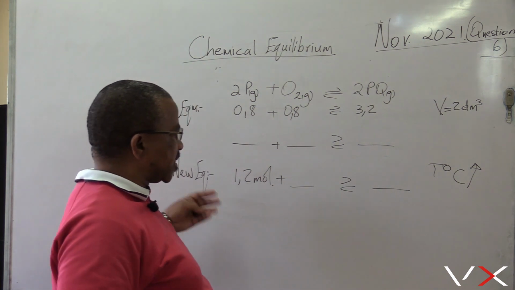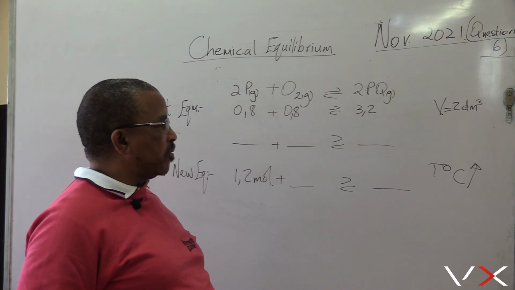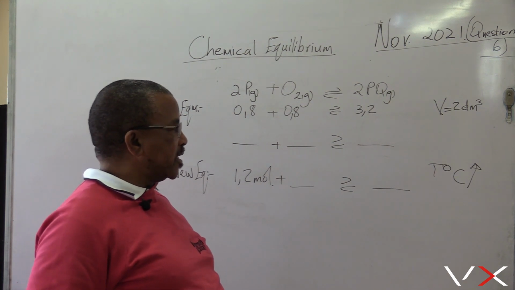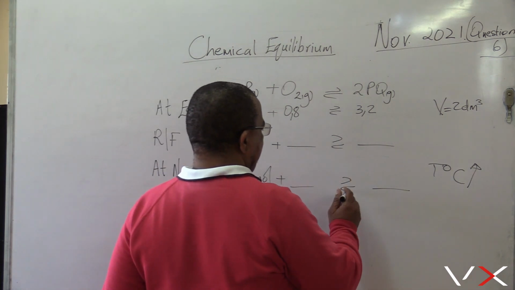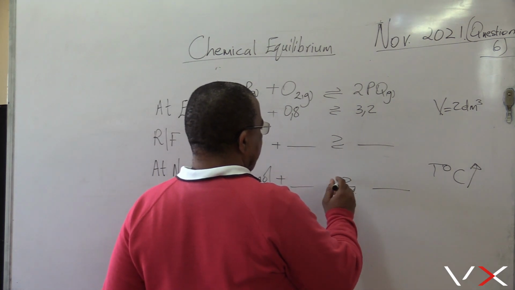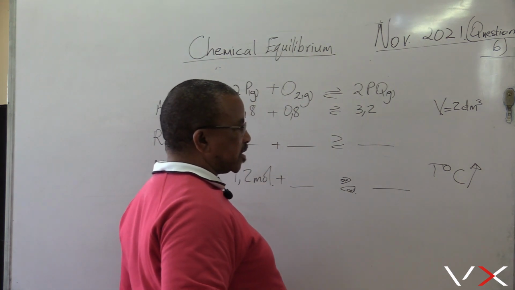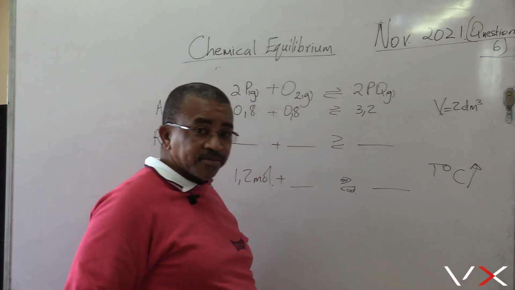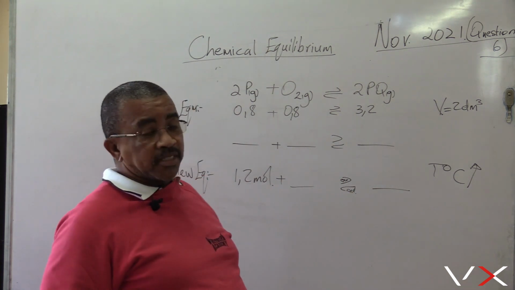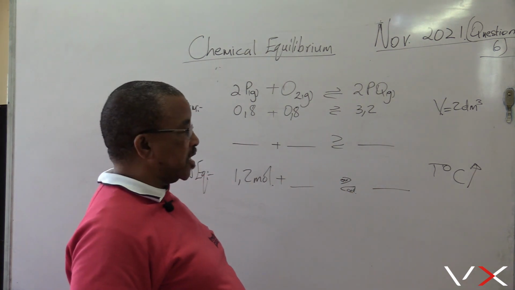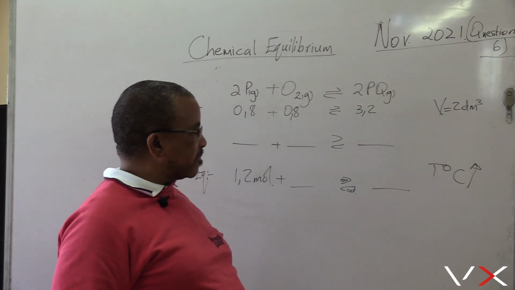So the reverse is favored. But is the heat of the reaction positive or negative? Now, if the reverse is favored, this being endo, then the forward is exo. So which means the delta H for the reaction is negative. If it's exothermic forward, then the heat of the reaction is negative, which means the reaction is exothermic.